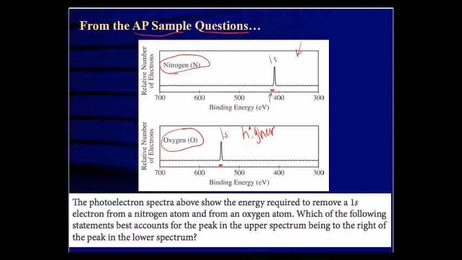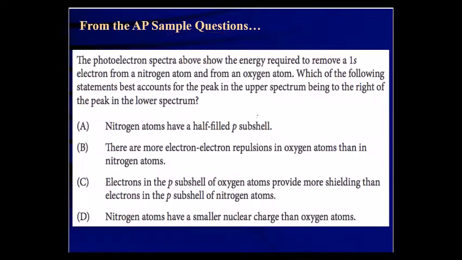That's exactly right. Now, after we've taken a minute to absorb that, let's take a look at our choices. Nitrogen atoms have a half-filled p subshell. There are more electron-electron repulsions in oxygen than in nitrogen.